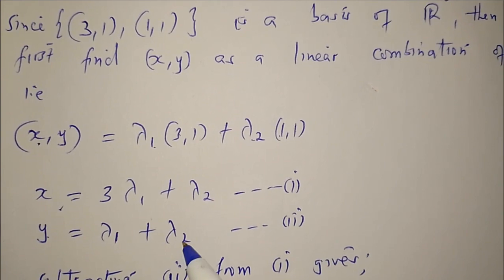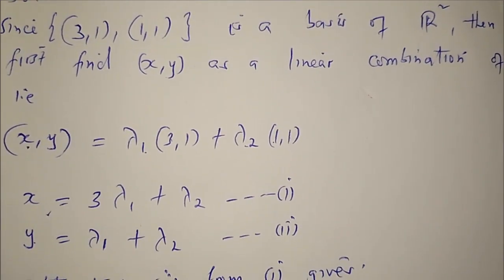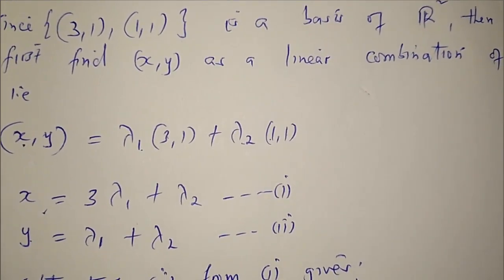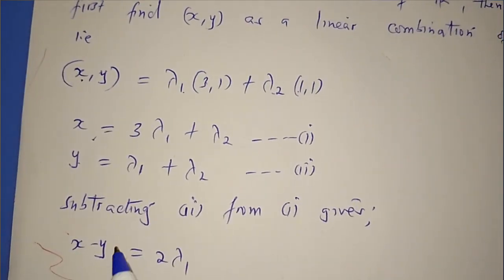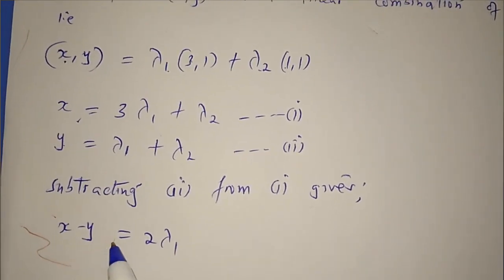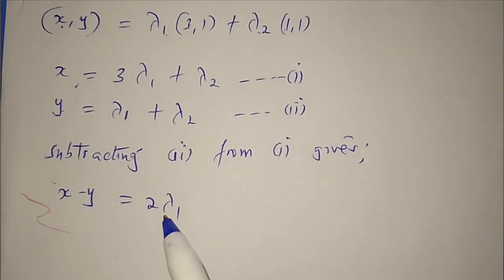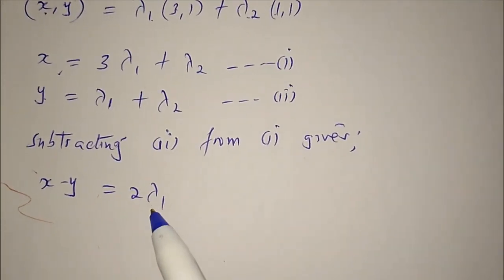Then lambda 2 minus lambda 2, of course, is 0. So x minus y is equal to 2 lambda 1.